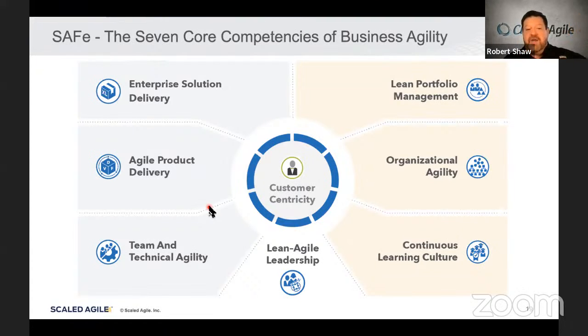On the gray side, what we see is a lot of the technical side: enterprise solution delivery, agile product delivery, and team and technical agility. What makes it go from a delivery standpoint? But I absolutely love that on the other side, in that beigey yellow color, what we see is an organization. You have equal stake in the game, equal skin in the game.